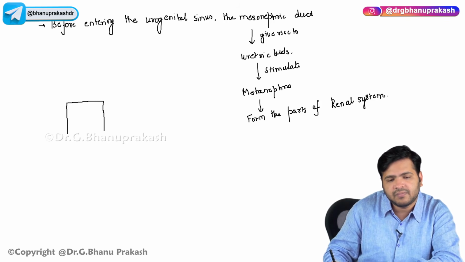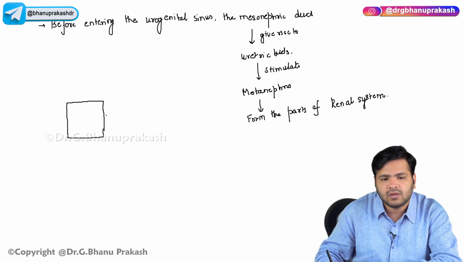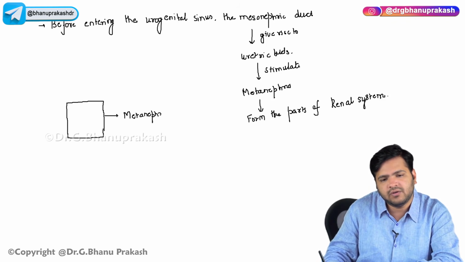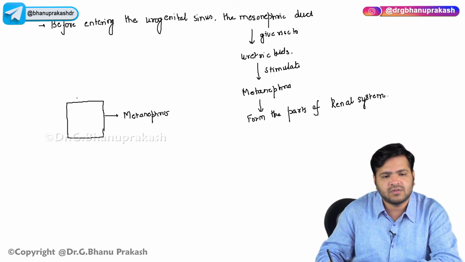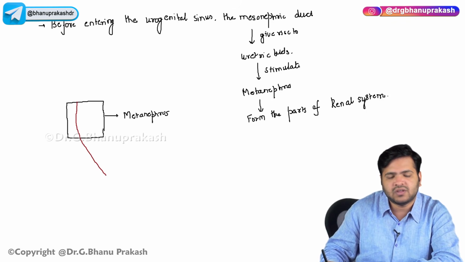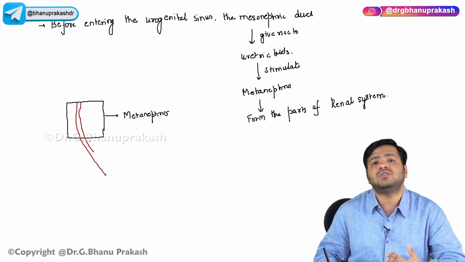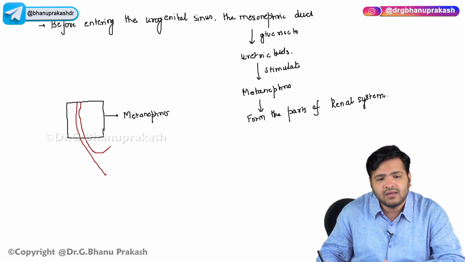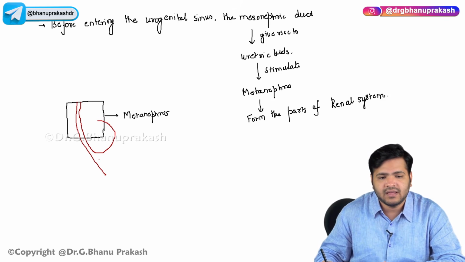Now, you already know we have this mesonephric duct which is passing and going to the urogenital sinus. Before entering into the urogenital sinus, it will give rise to a bud called the ureteric bud, and this ureteric bud will enter into the metanephros.